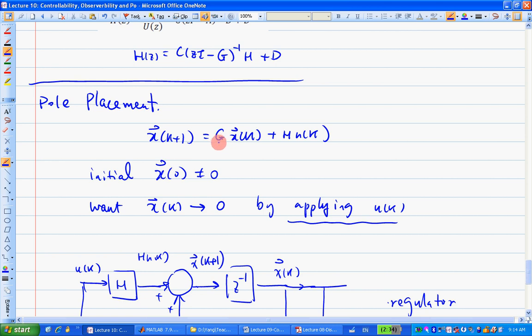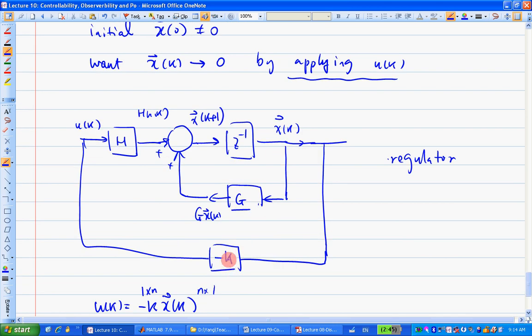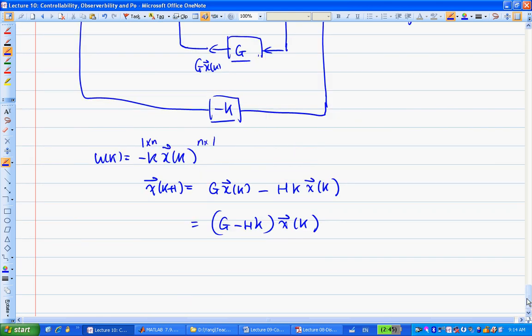The poles of the plant. With the feedback, what is the new system matrix? It's this, right? So this one must have different eigenvalues, or different poles now.